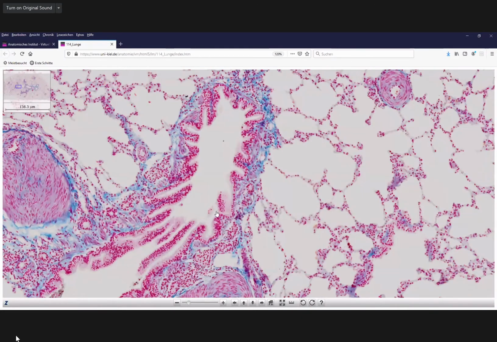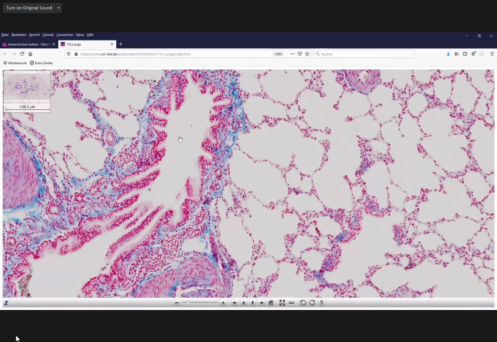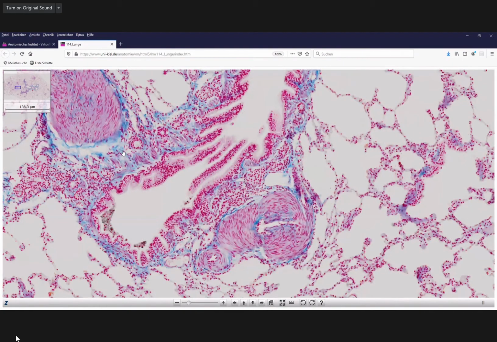What else do you know? So no cartilage. What is the next thing you should know about the bronchiole? So the bronchiole usually does not have, per definition, glands anymore. This is unfortunately not really true here. Look at this.